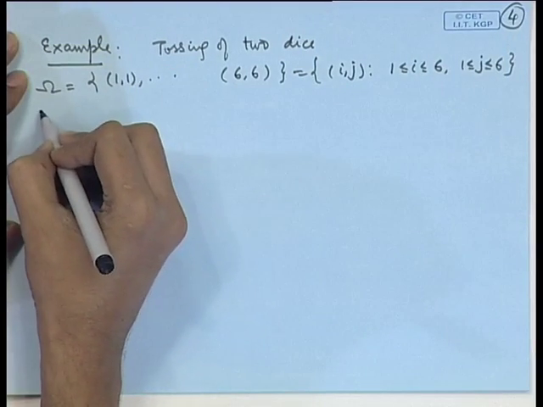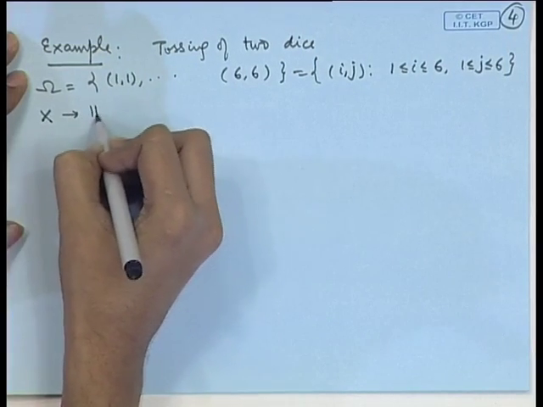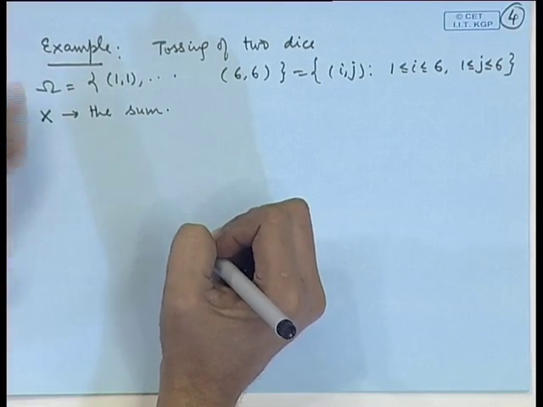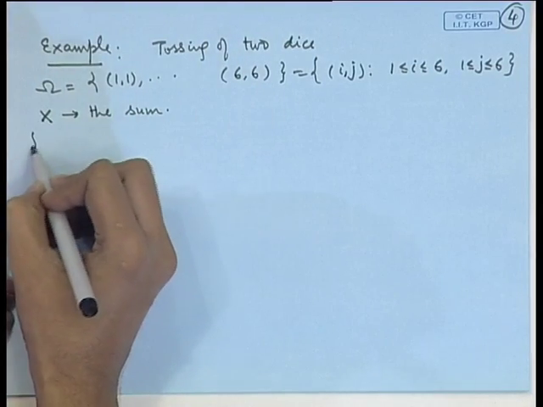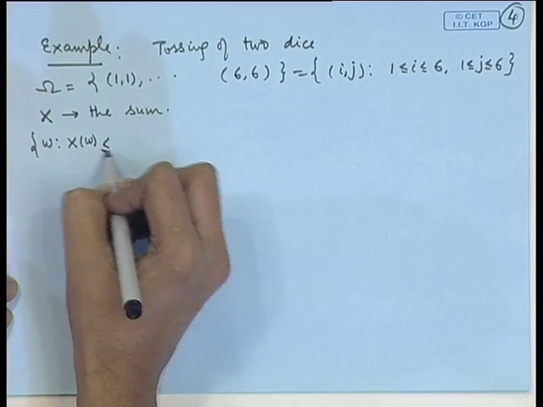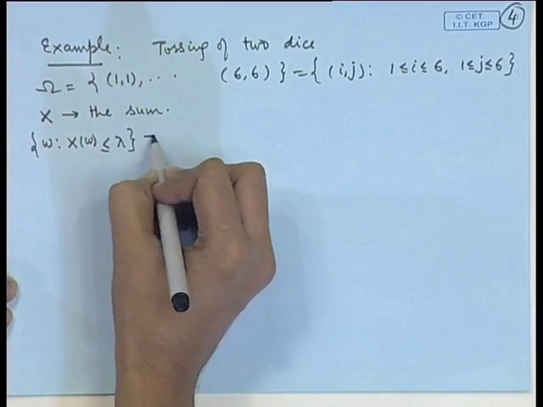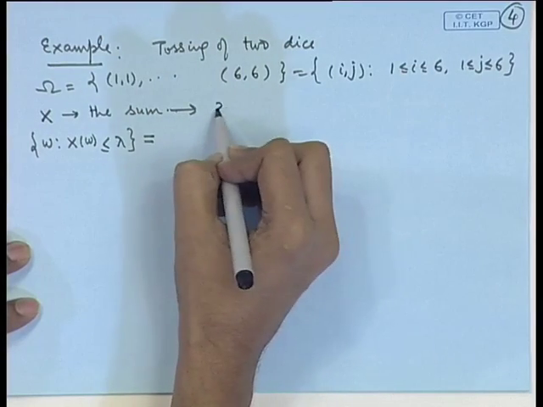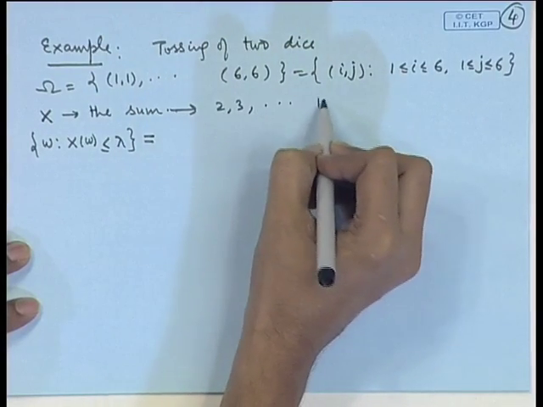So, if I define the random variable X as, say, the sum observed, and we want to write down the set of omega, say X(omega) less than or equal to lambda. Now, if you look at this, the sum will vary from 2 to 12.